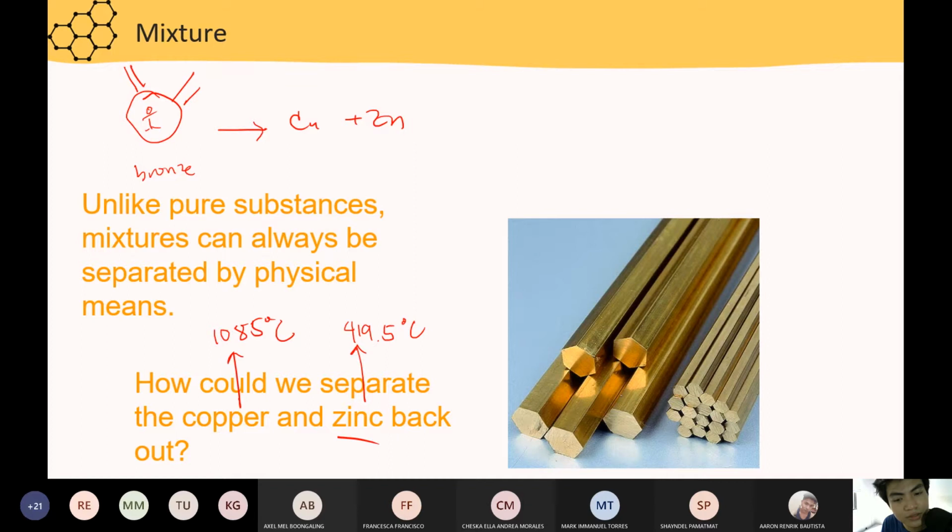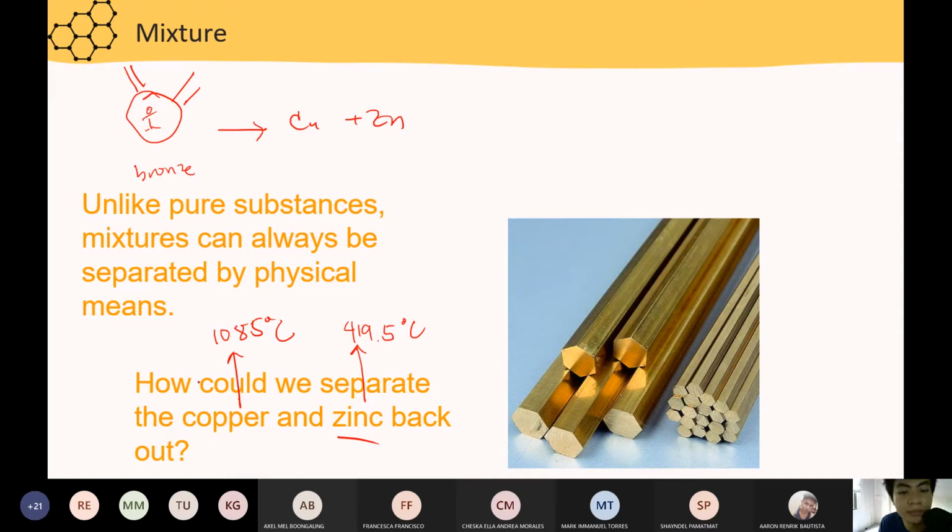Because in mixtures, the physical properties of our substances are retained. It still remains the same. That's why it is possible to separate them. So that is the idea that our mixtures can be separated by physical means.